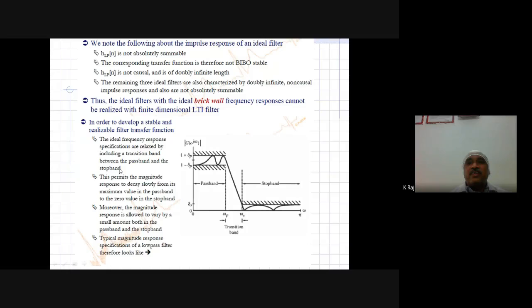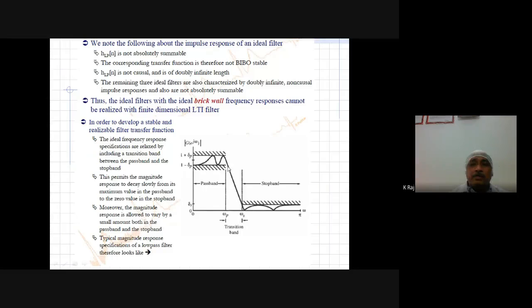In the ideal case we considered the very sharp cutoff, the ideal brick wall, and that has to be replaced by a transition band between the pass band and the stop band. This permits the magnitude response to decay slowly from its maximum value in the pass band to the zero value in the stop band.